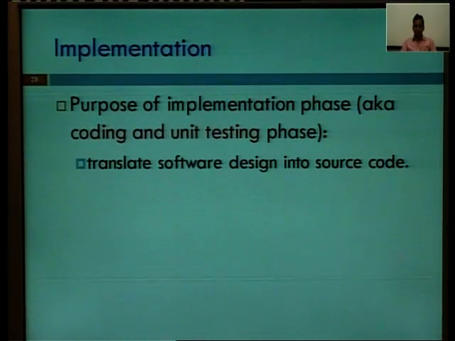In the functional oriented approach, for representation of the functional oriented design, we use data flow diagrams. In the same way, for specifying the object oriented design, we use the UML diagram, that is unified modeling language.